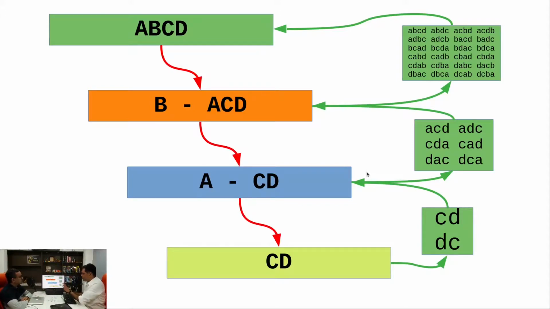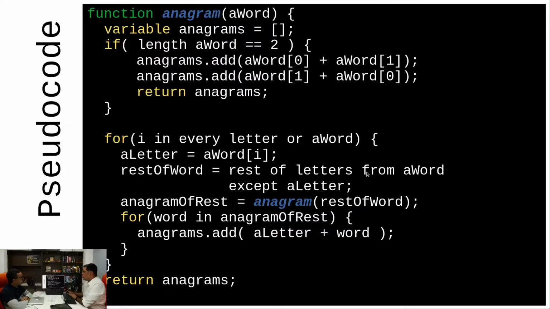Now, if this image is not that clear for you, I'm really hoping that the pseudocode starts making sense. I have a function called Anagram, which takes a word containing n number of letters. I have a variable which will hold the results of this anagram.